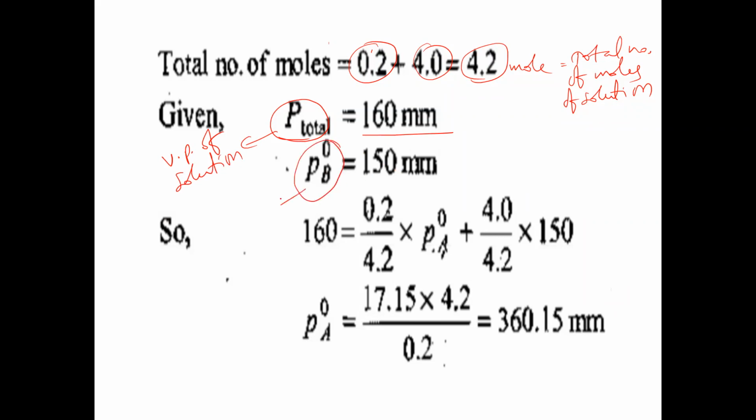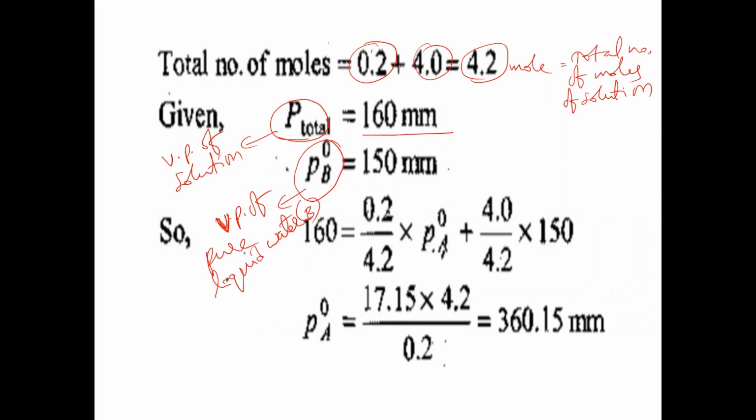It is the vapor pressure of pure liquid water. Here water is taken as B in the problem. That's why the vapor pressure of pure liquid water B is 150 mm, given at the same temperature. At the same temperature, the vapor pressure of the solution formed and the vapor pressure of water are given.